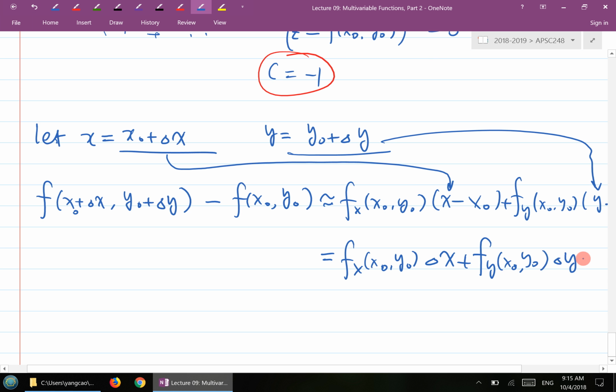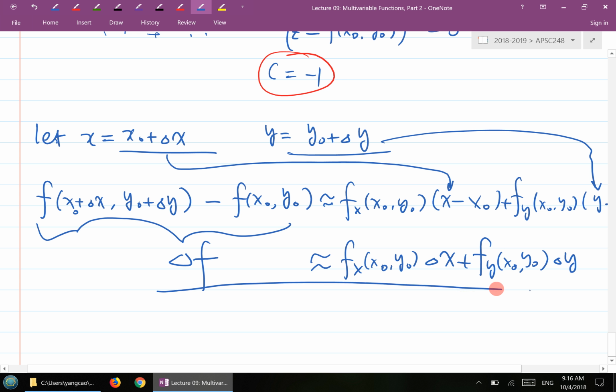Once you plug in here, this is your initial position f function value, this is your final position f function value, and in total it's approximately the actual change, the Δf. So now you have Δf equal to this multiplied by Δx and this multiplied by Δy.